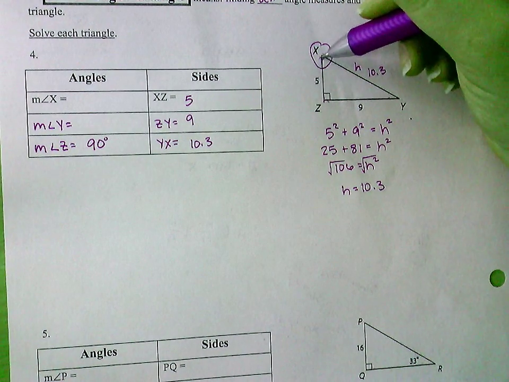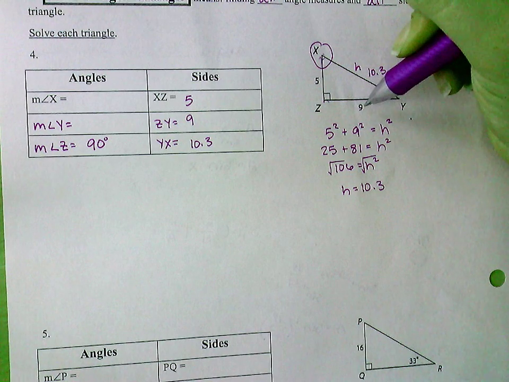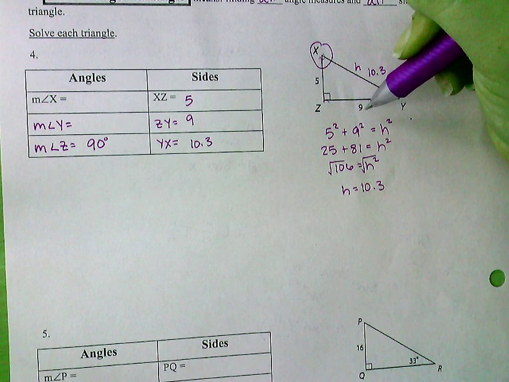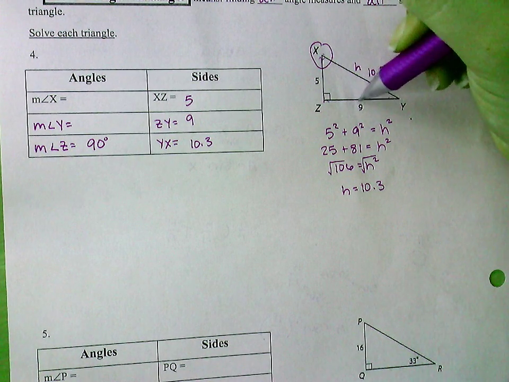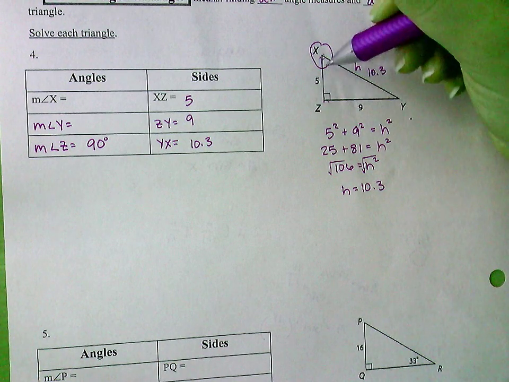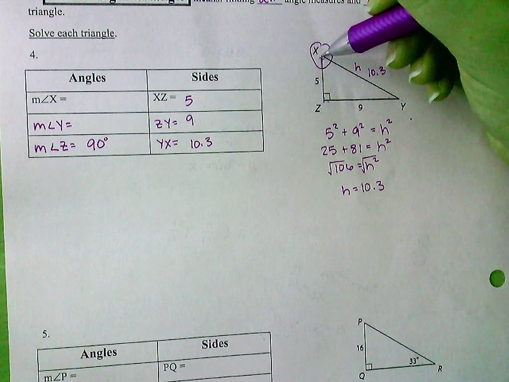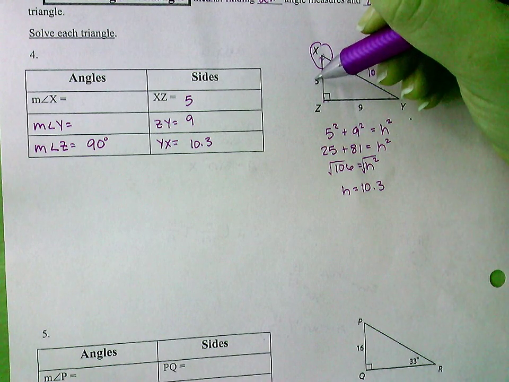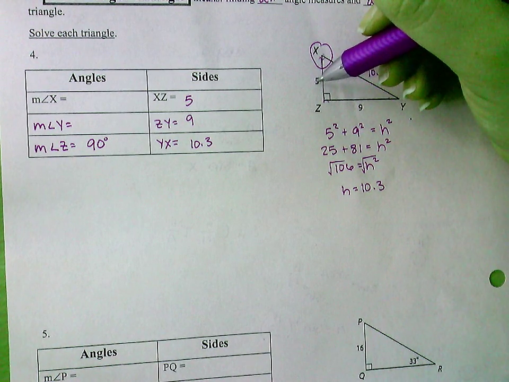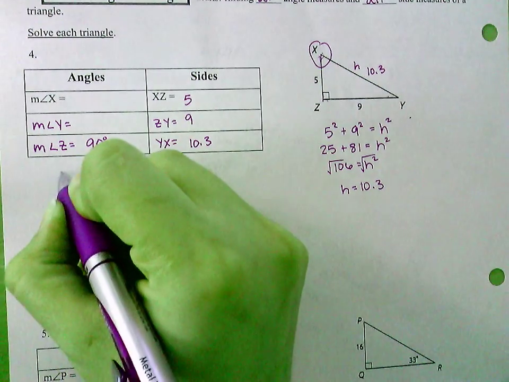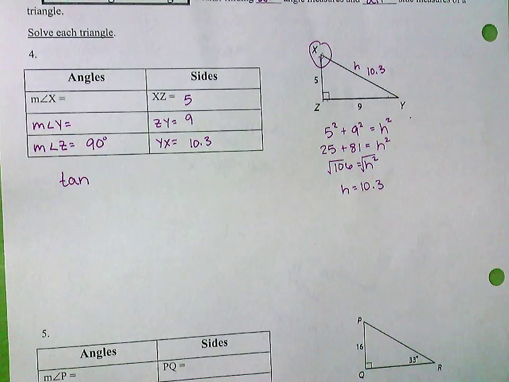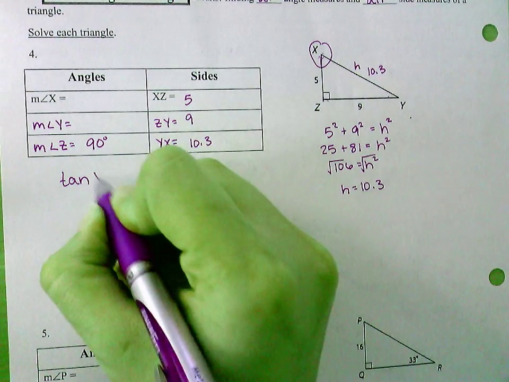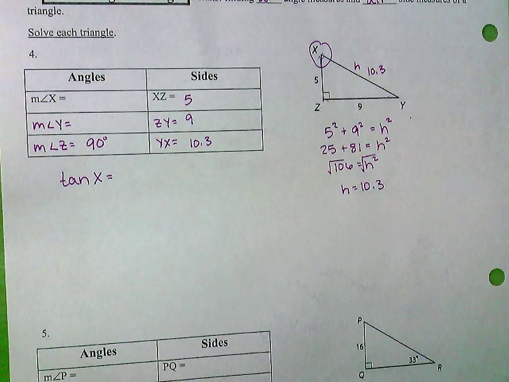From that angle, I have an opposite side, and I have an adjacent side. So I have O and A. Which one is that? Tangent. So I'm taking tangent of X, because I'm looking at that angle.